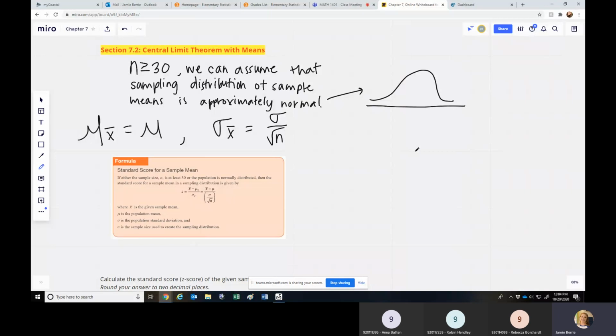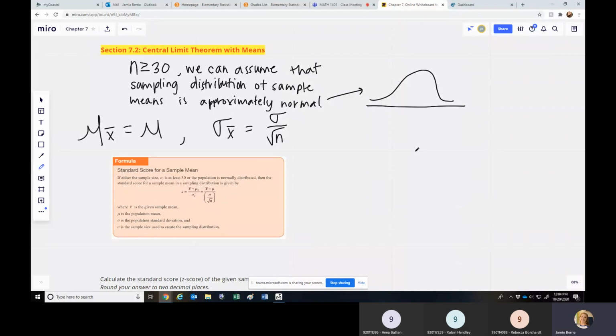And remember, we said that dividing by the square root of n is really rewarding you for having a large sample size, or it's going to penalize you for having a small sample size. So it's either going to make your standard deviation be smaller, if you have a really big sample size, like 1,000 or 500, or if you have a small sample size, it could make your standard deviation inflate. All right, so we're going to use these two facts today.